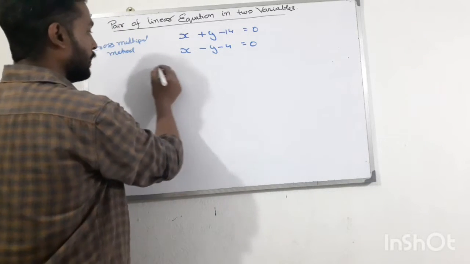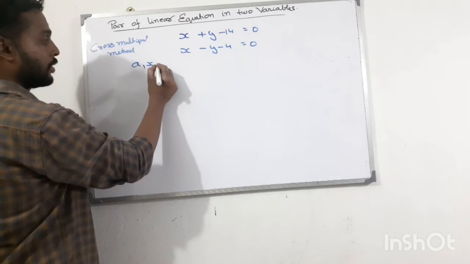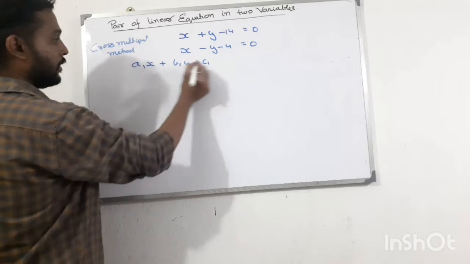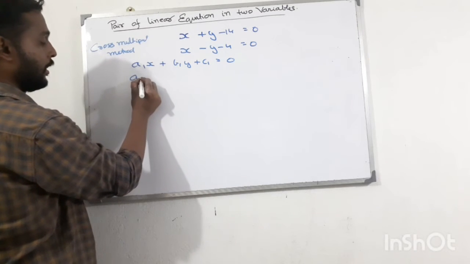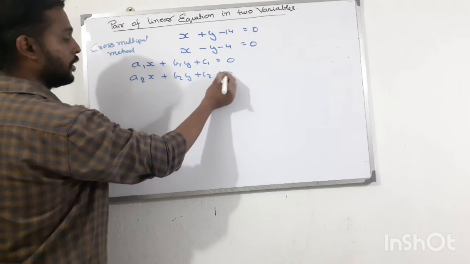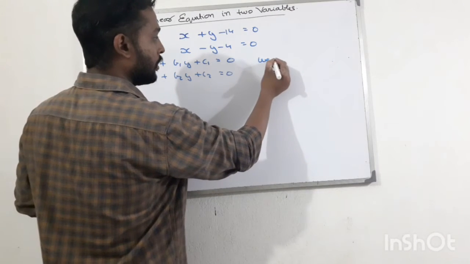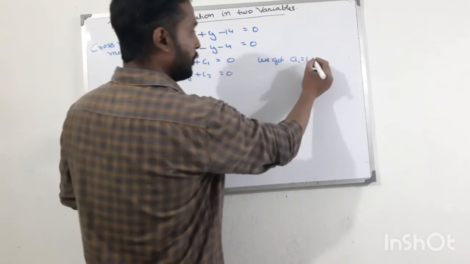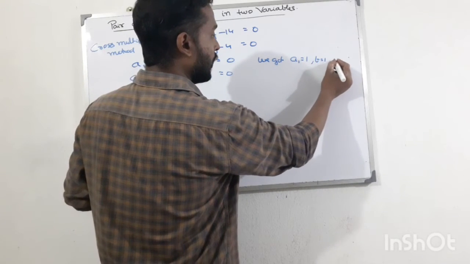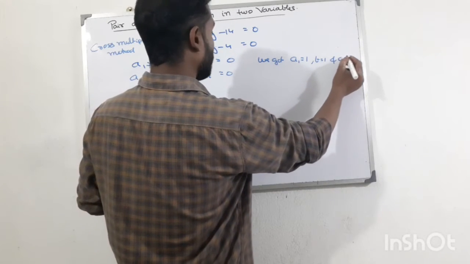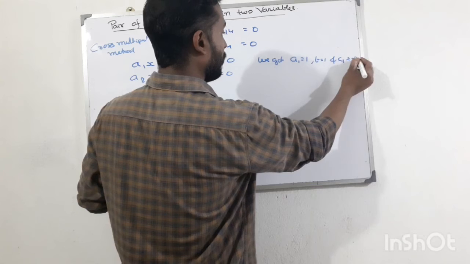By comparing these equations with a1x plus b1y plus c1 is equal to 0 and a2x plus b2y plus c2 is equal to 0, we get a1 is equal to 1, b1 is equal to 1 and c1 is equal to minus 40.